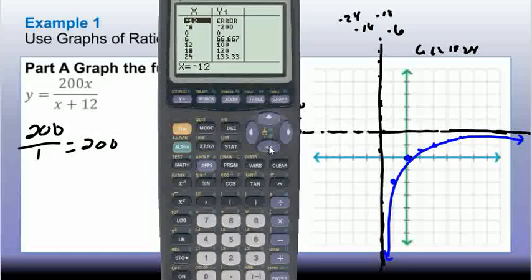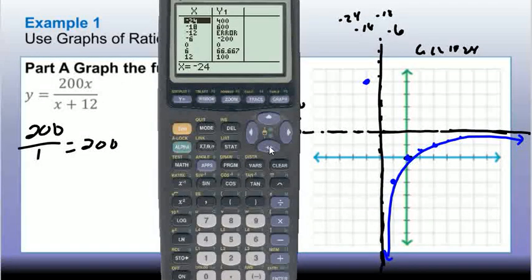And then on the other side, if I continue, -18 and 600. So -18 and 600, that's 1, 2, 3, 4, 5, 6. Then we have -24 and 400.